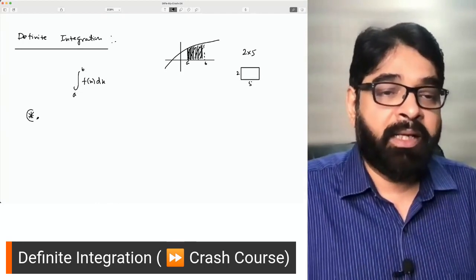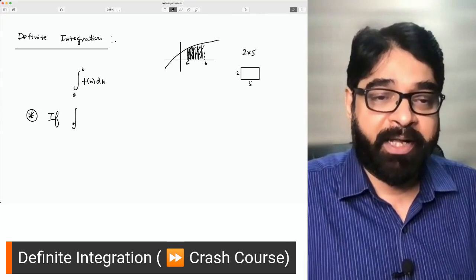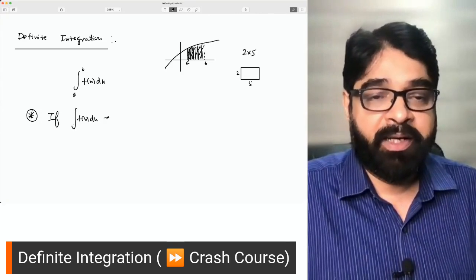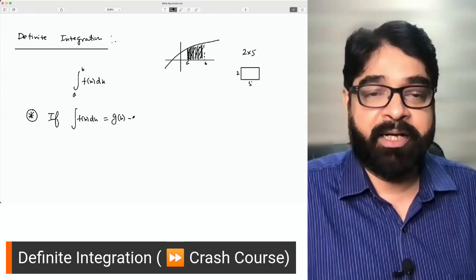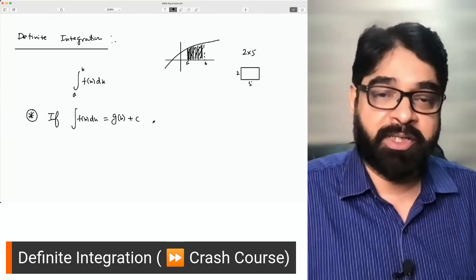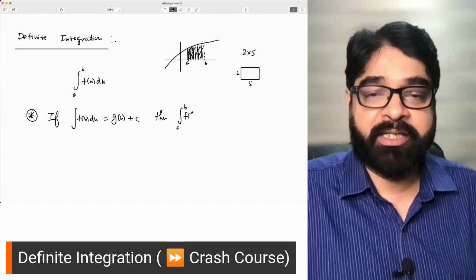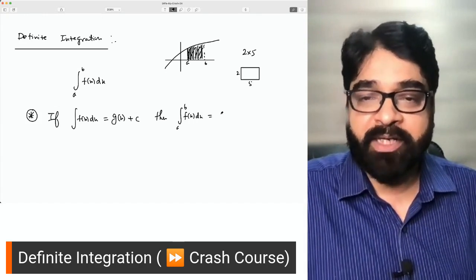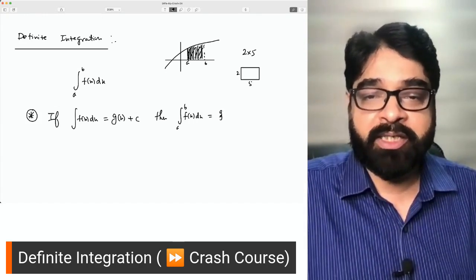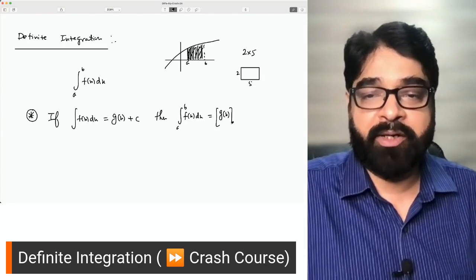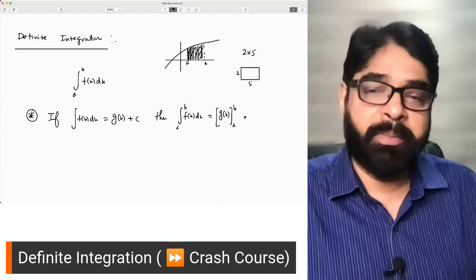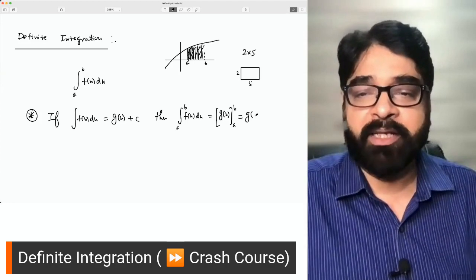Now, if the indefinite integration of f(x) is g(x) + c, where in indefinite integration an arbitrary constant always comes, then integral a to b f(x) dx is equal to g(x) from a to b, which will obviously be g(b) minus g(a).